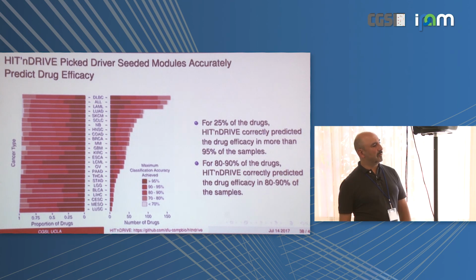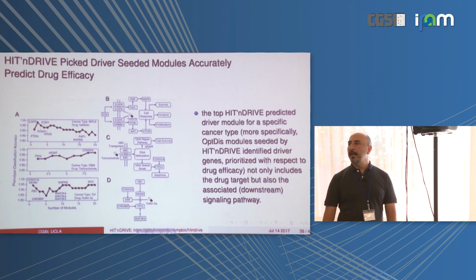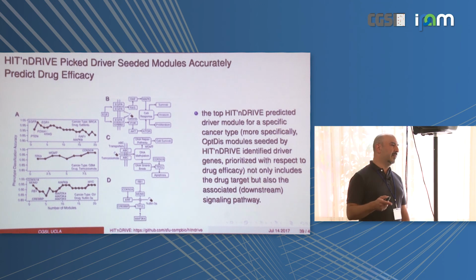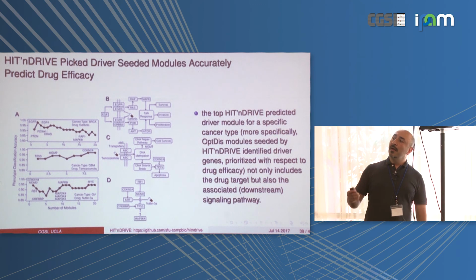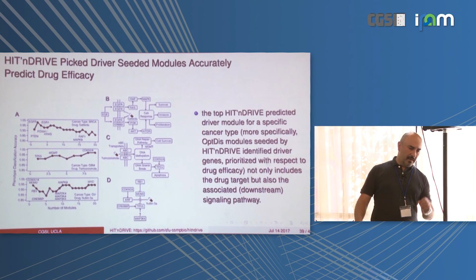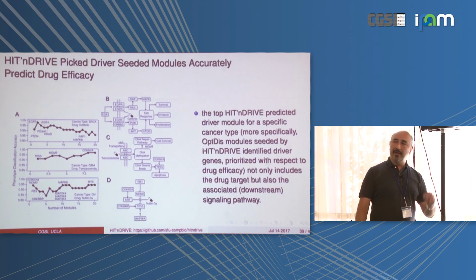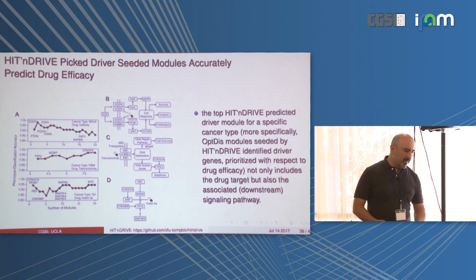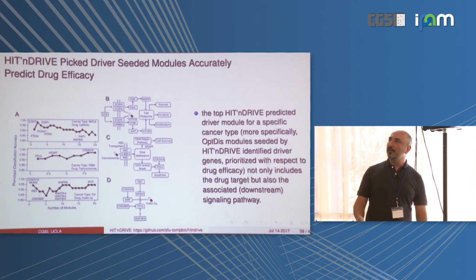So it's pretty good in general. Not only does it identify the driver gene, by the way, but it also identifies the pathway reasonably well. You have to see some examples, but I'm not going to get into that.